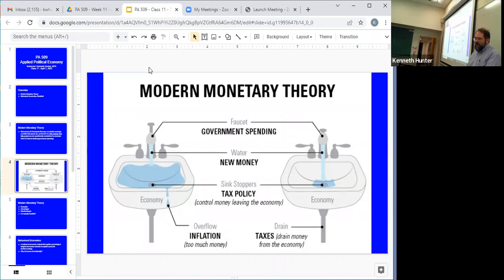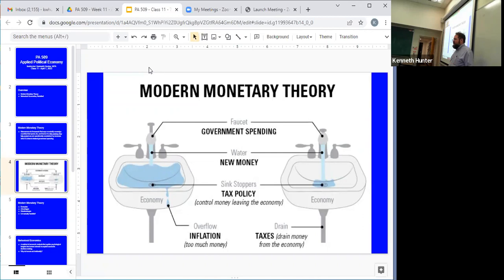But this graph here really, I think, explains in general what modern monetary theory is. It's the idea, backed up based on their logic, that the government can decide how much money is out there. And if it decides to print too much or make too much available in the open market, either through government spending, and government spending here is a very broad term.